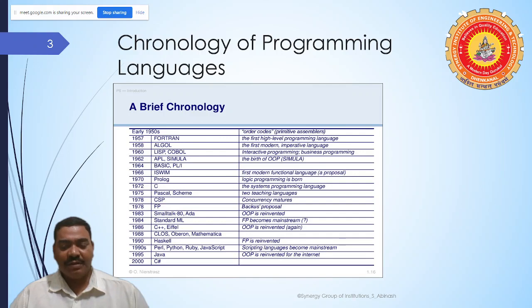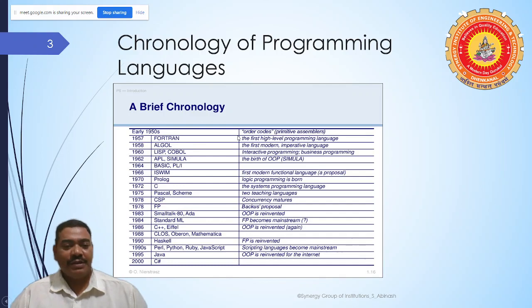Language pseudocode means some human-like languages are used to convert machine-level instructions into assembly-level instructions. These primitive assemblers convert assembly language programs into machine language programs. Then in 1957, Fortran, Formula Translation, the first high-level programming language, was developed, which is highly scientific.